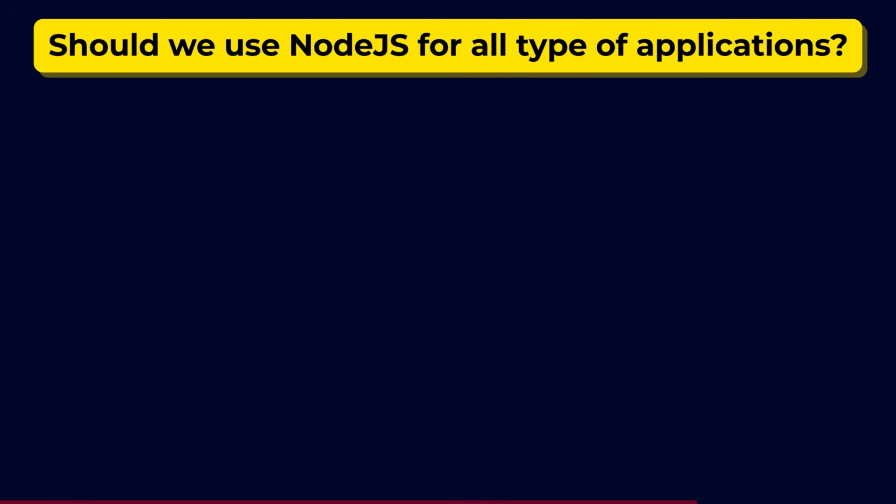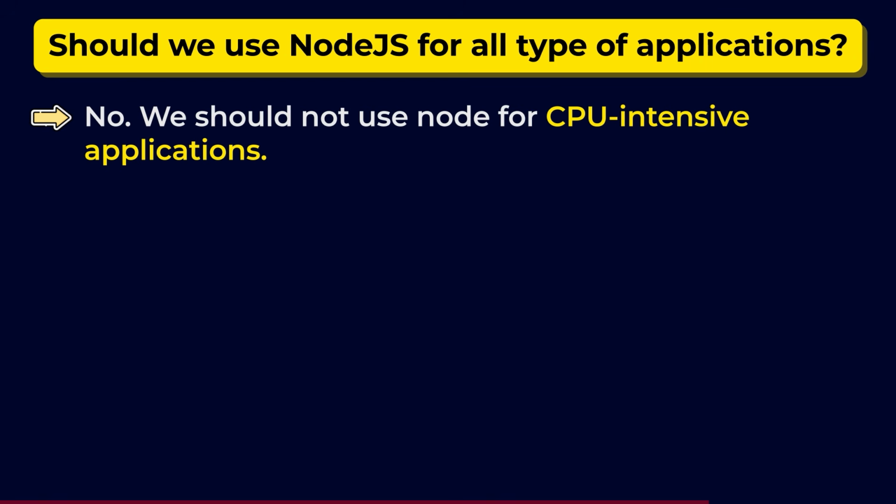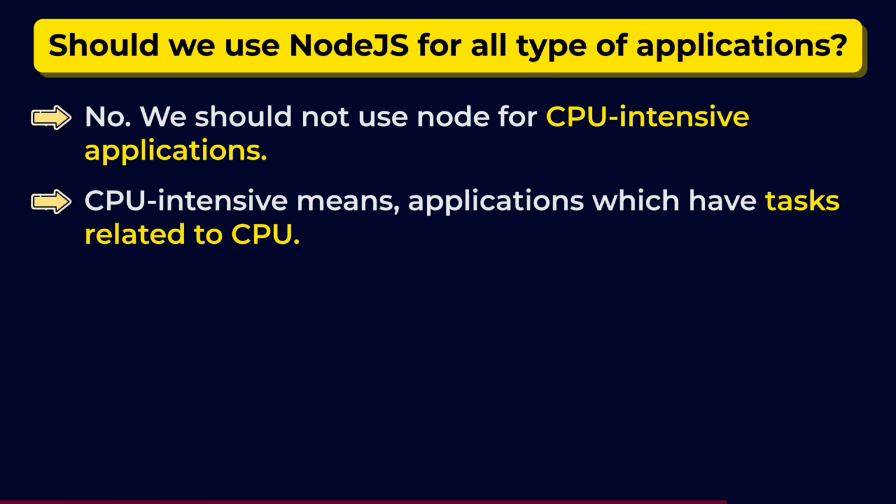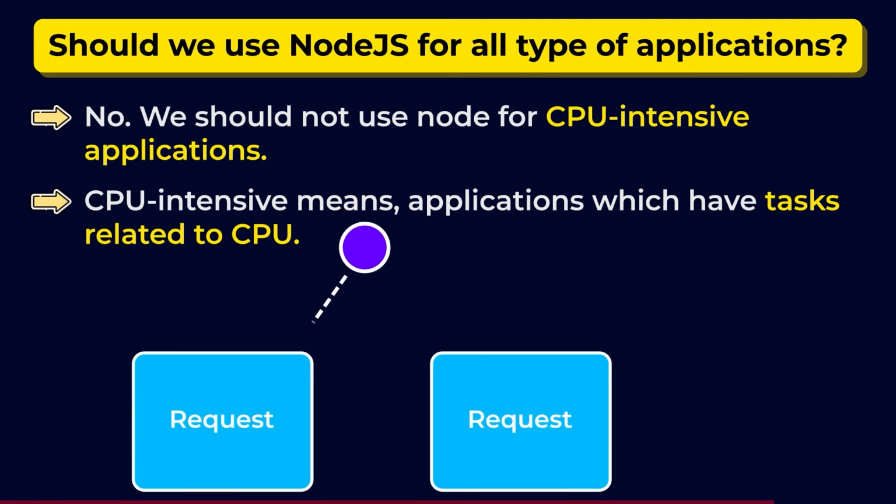Now the question is, should we use Node.js for all types of applications? And the answer is no. We should not use Node for CPU-intensive applications. Now what is this CPU-intensive? CPU-intensive means applications which have tasks related to the CPU, like video editing or photo editing applications. In these types of applications, we have a lot of calculations that use the CPU and few operations that use the file system or network. And as we know, Node is a single-threaded application.